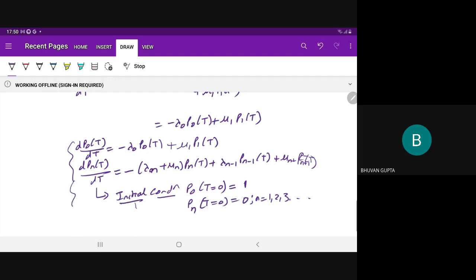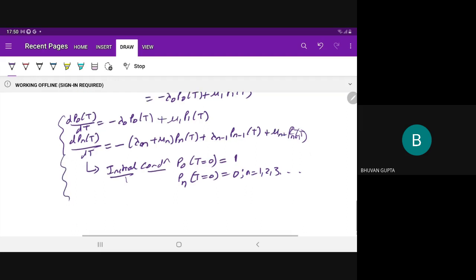So now you have to solve this system of differential equations.